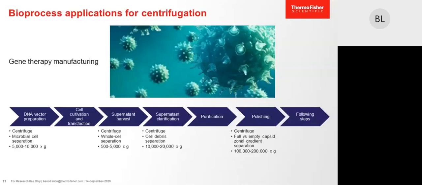A possible method to separate the full from the empty, being slightly different in weight, is to use the zonal gradient separation at 100,000 up to 200,000 G-force.